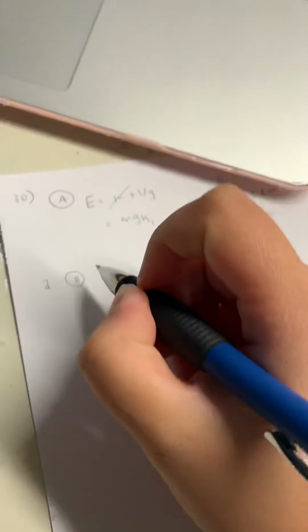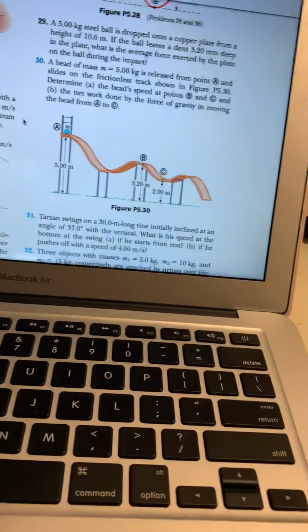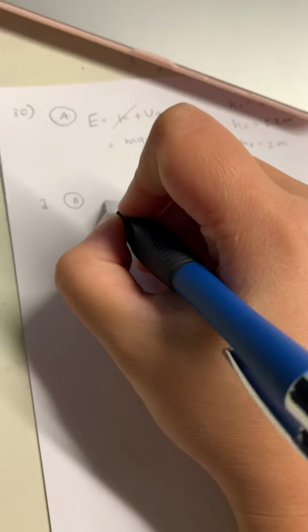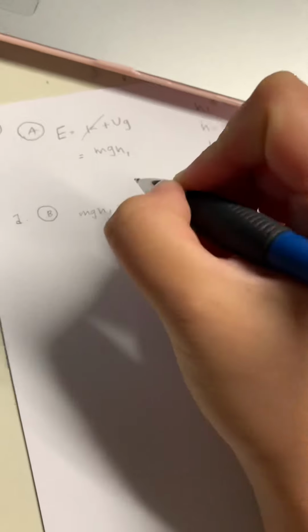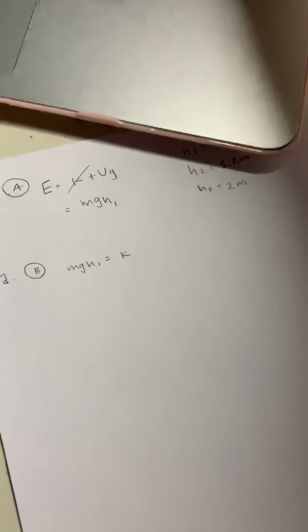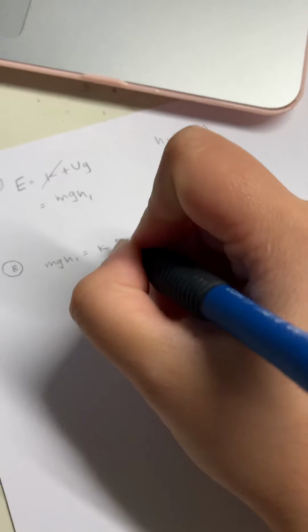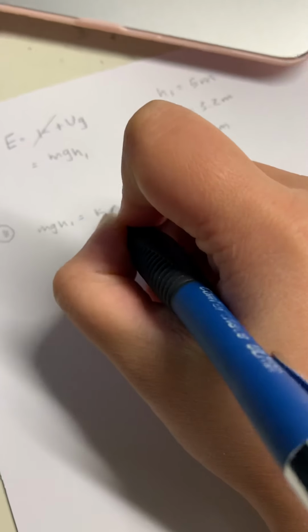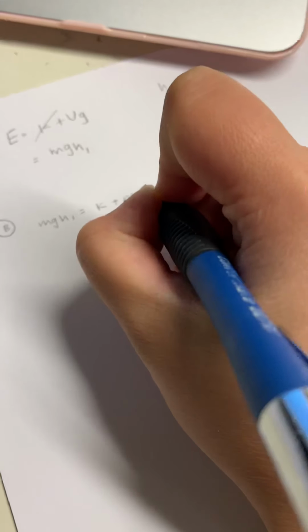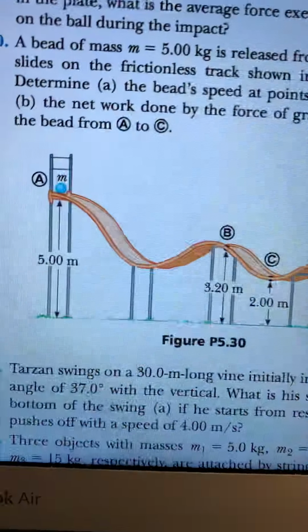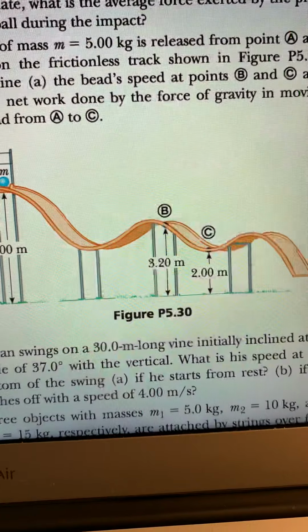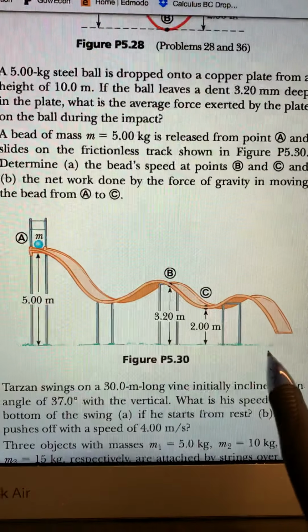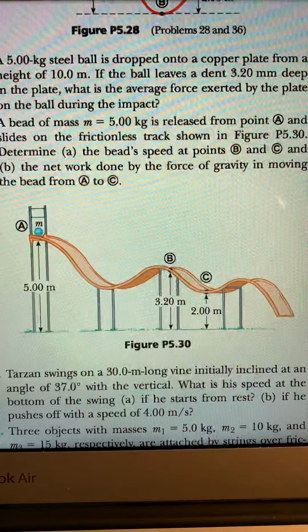So I just set the total energy at point A equal to the total energy at point B. That's mgh1 equals K, the kinetic energy at point B because it's moving, plus the gravitational potential energy at that point, because it is still above the ground, since h0 is at the bottom of the roller coaster. So that's my equation.